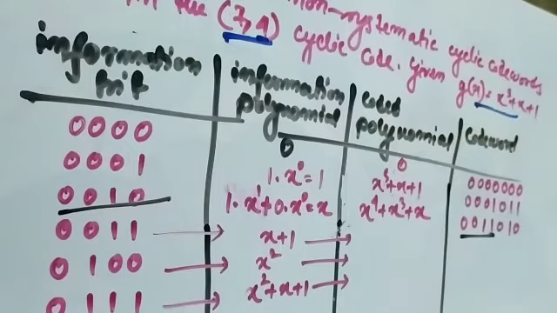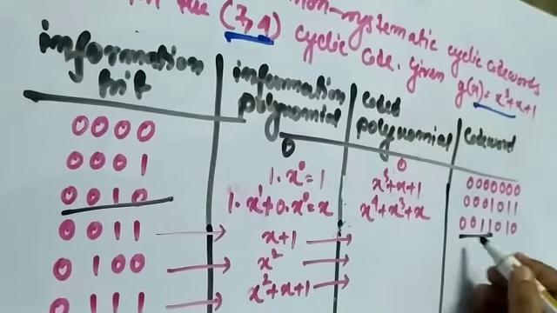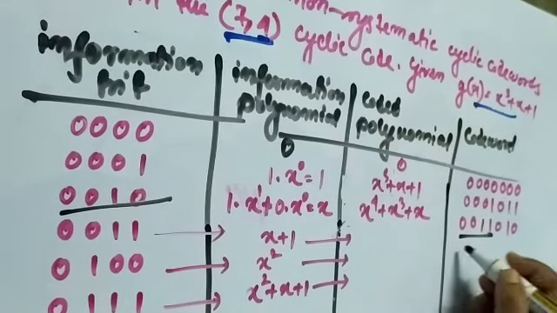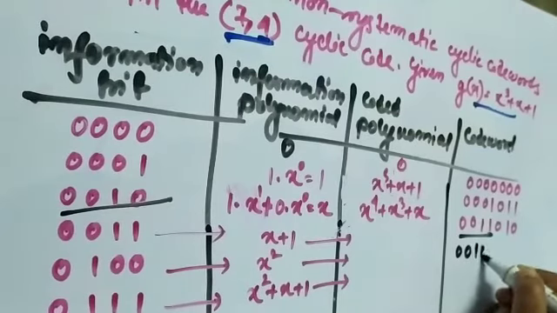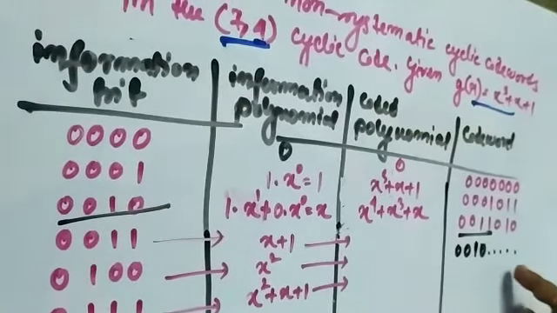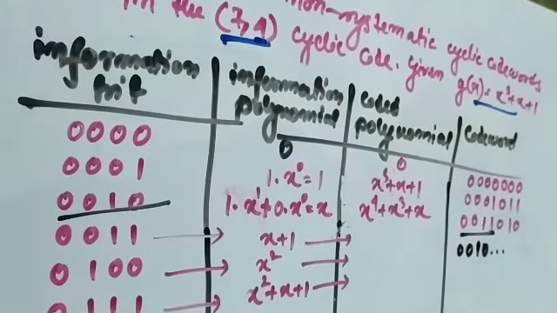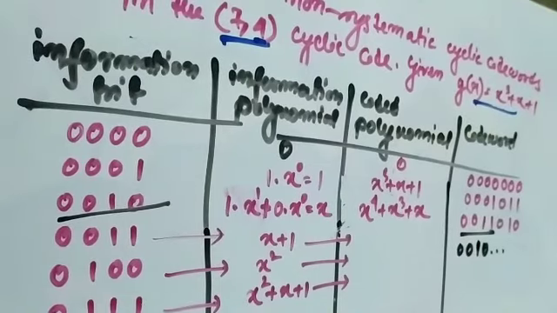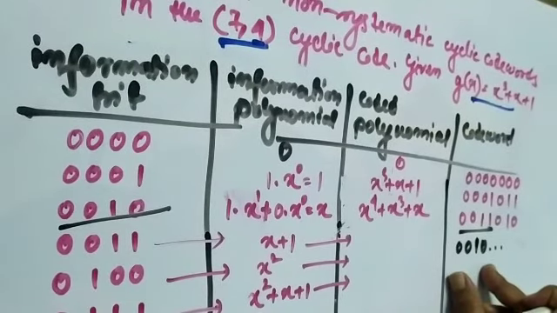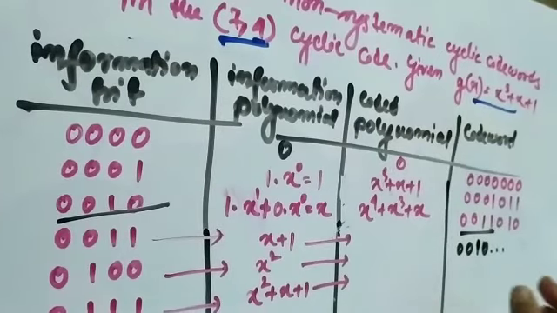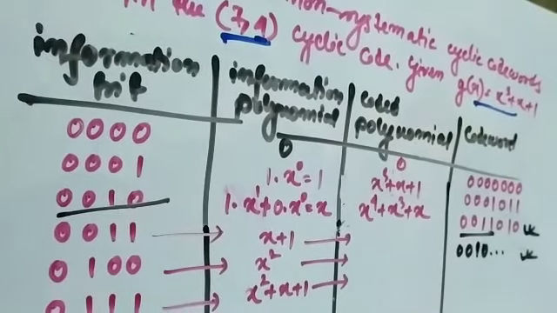If it were a systematic code word, the first 4 bits would be the information bits, and the last 3 parity bits would be calculated in some other way. So this is the non-systematic form and this is the systematic form.